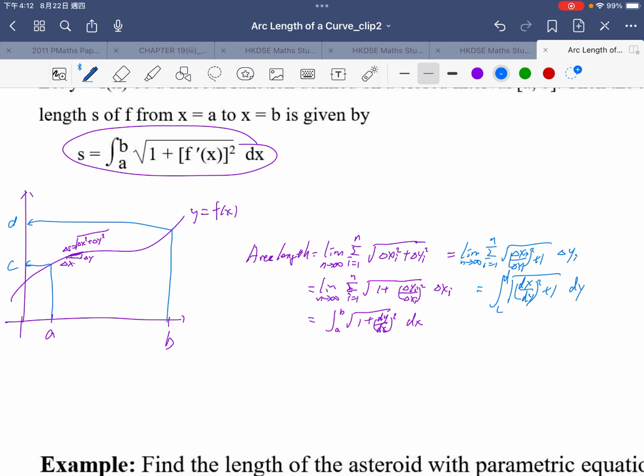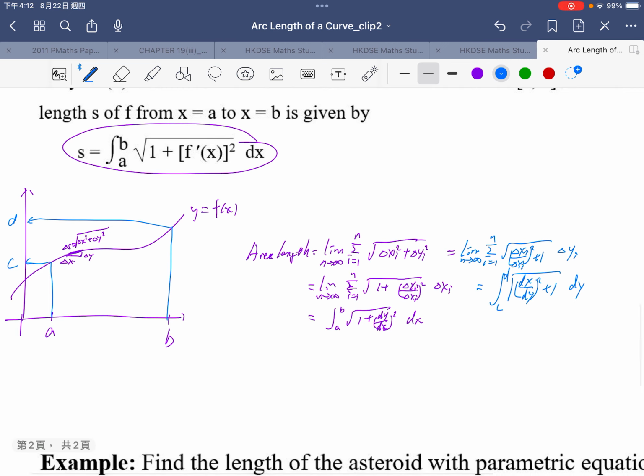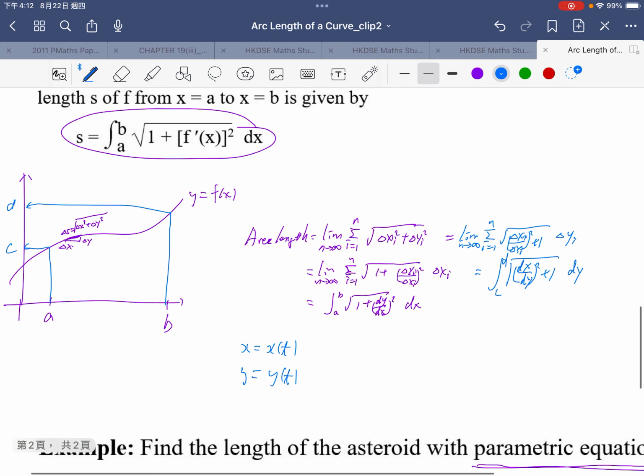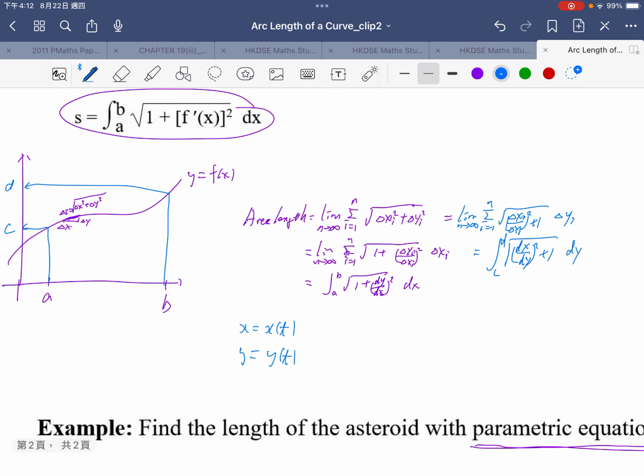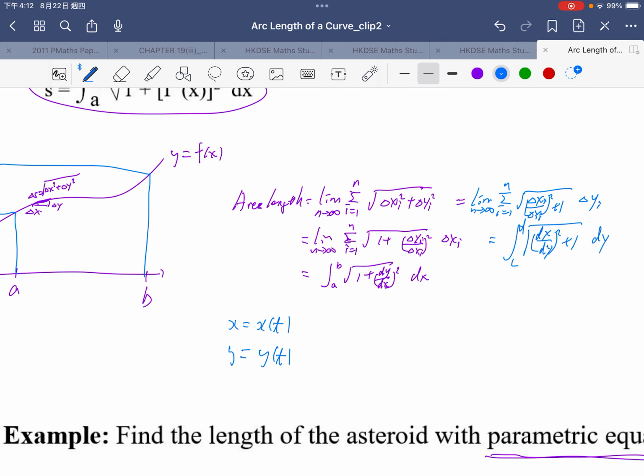On the other hand, if x and y are functions of something else, for example, x is a function of time and y is also a function of time, then we can change this form.